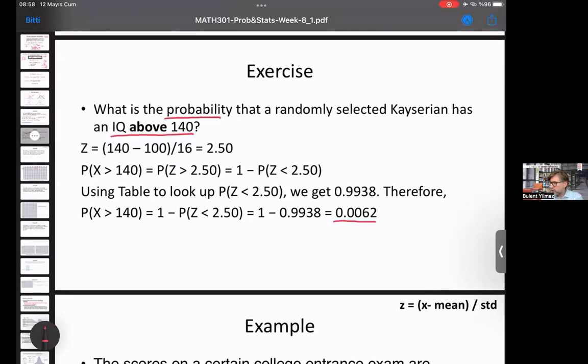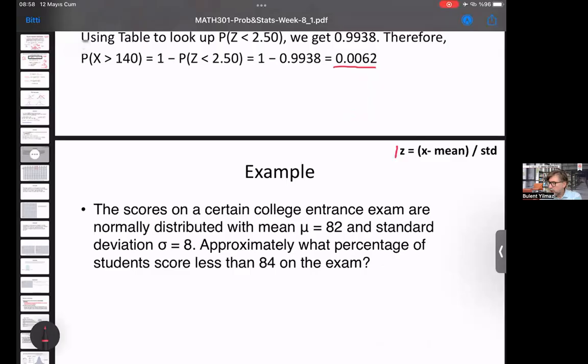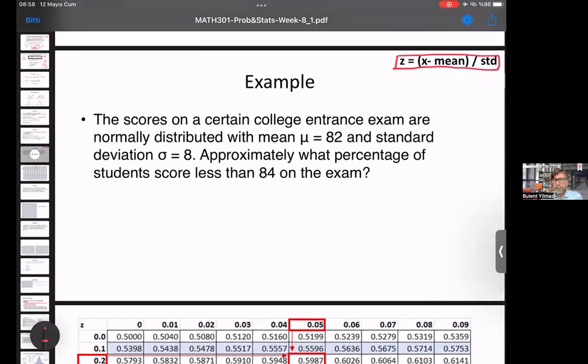So now one critical thing was this: z is equal to x minus mean divided by standard deviation. So what is the thing that we are going to do? Here is the example. I'm starting to discuss new things right now, but they are related to what we covered last week.